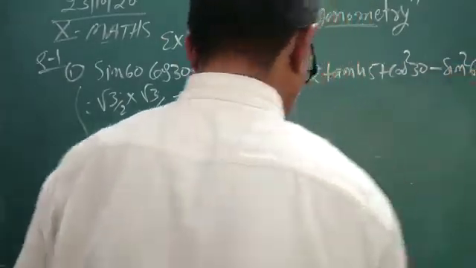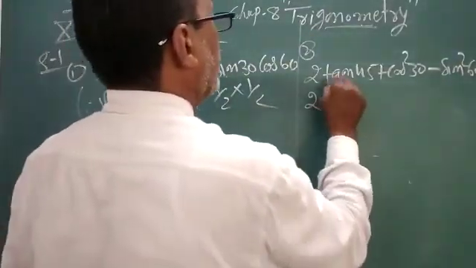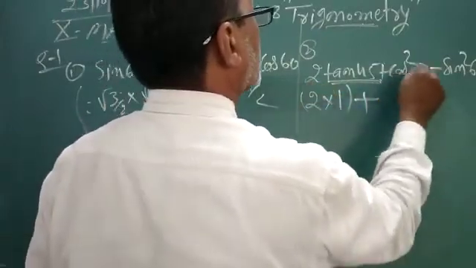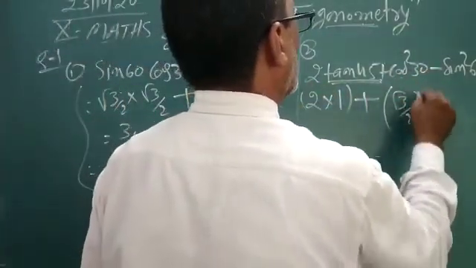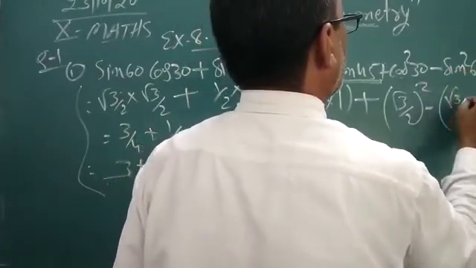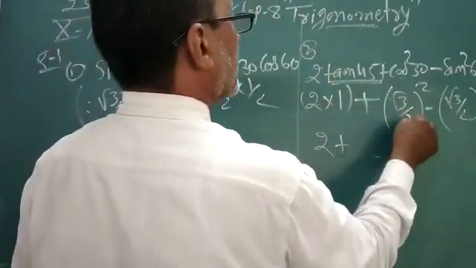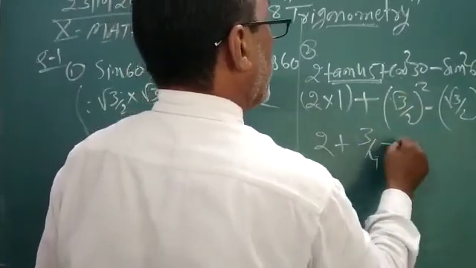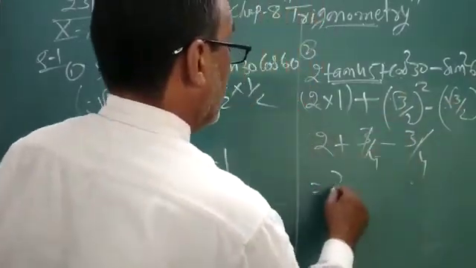This is the last question I will explain. 2 multiplied by tan 45, and tan 45 means 1, plus cos square 30. Cos 30 means root 3 by 2 whole square, minus sin square 60. Sin 60 means root 3 by 2 whole square. So 2 plus 3 by 4 minus 3 by 4. The 3 by 4 cancel. Answer is 2.